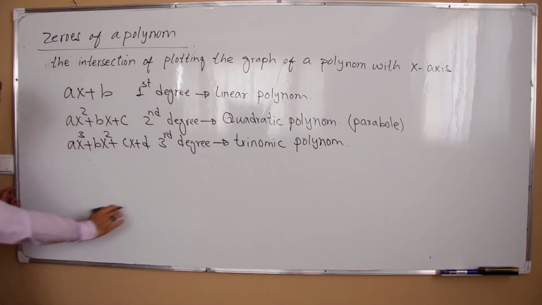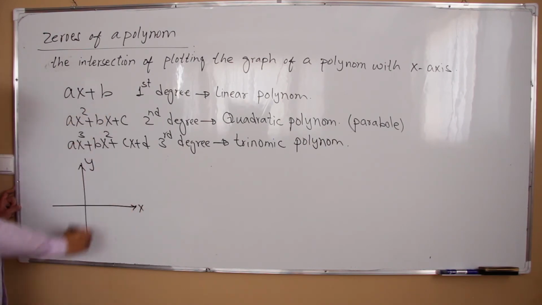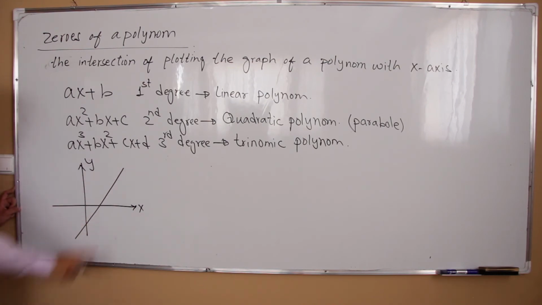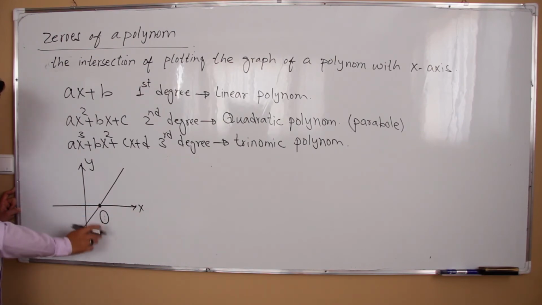I mean that if we plot the graph of the first degree, generally it is a line, maybe like this one or maybe like this one, and it has how many intersections with the x-axis? One intersection, like x1.